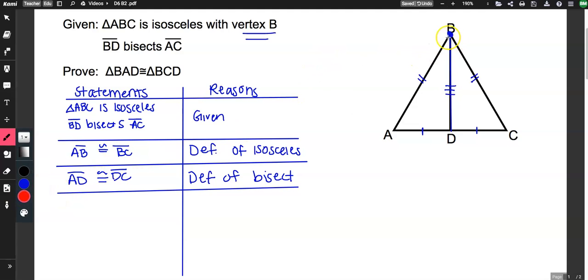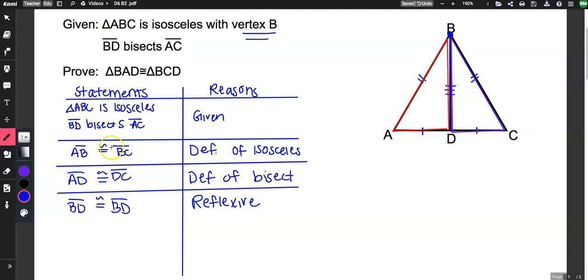So if I highlight these triangles, so we have this one and this guy, both triangles use segment BD. So I put 3 tick marks there because I already used 1 and 2 to show that that middle side, you could say, is shared and congruent. And I know it seems silly, but we do have to put it in our proof that BD is congruent to BD, and we're just going to say reflexive.